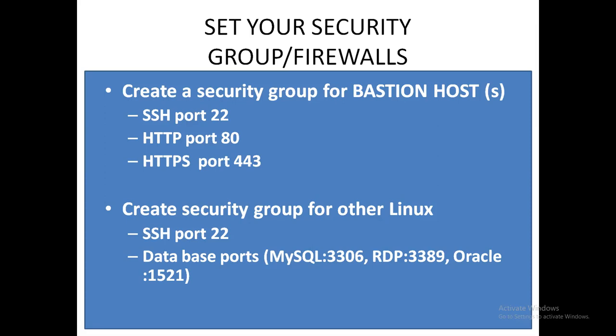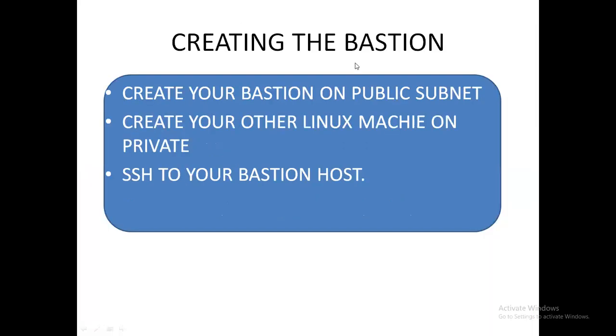We're going to have port 22 for SSH, then for MySQL port 3306, RDP port 3389, and for Oracle, port 1521. So after that, we will create our BASTION host on a public subnet.